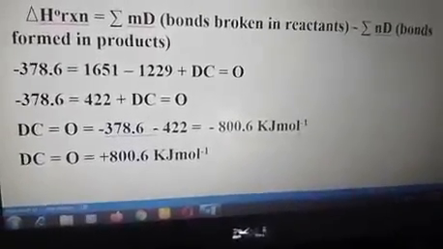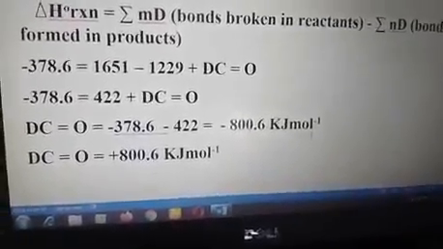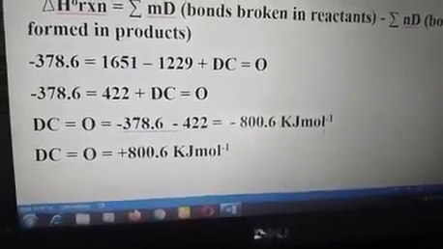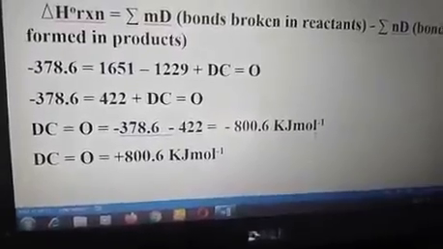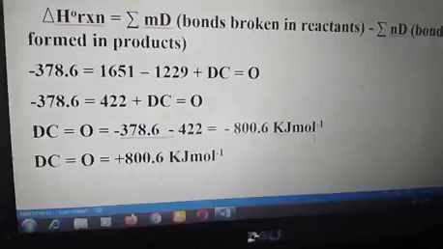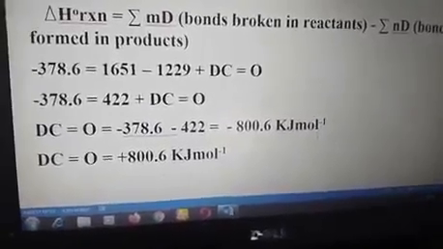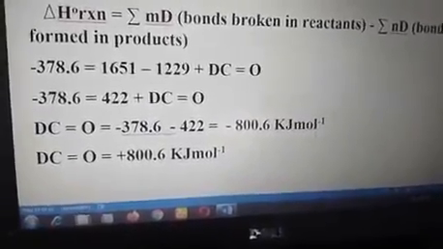1651 minus 1229 gives us 422. So we'll bring down the values: minus 378.6 equals 422 plus D(C=O). Then we'll solve again.